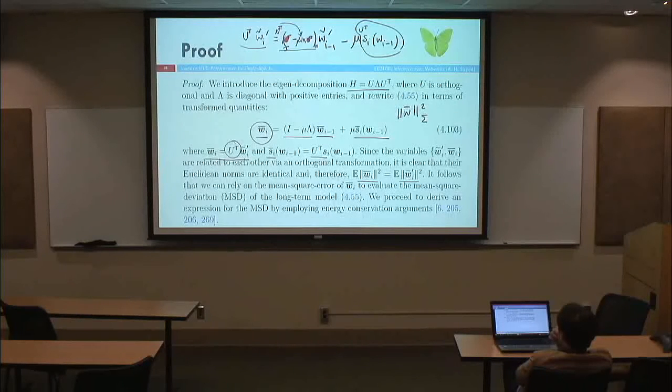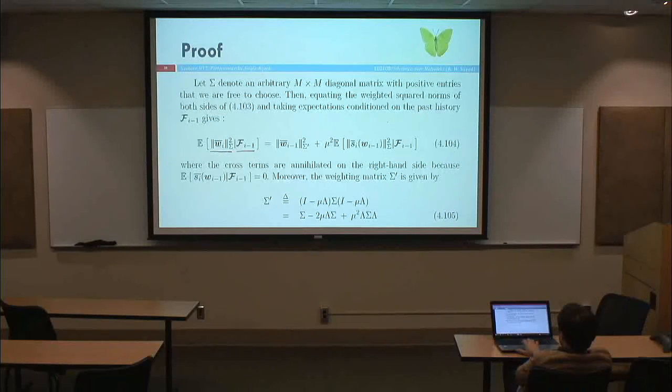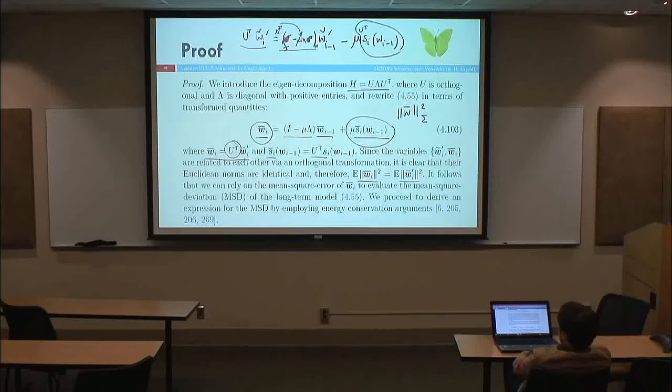Now, square this and condition on the past. Here it is. I squared it and conditioned on the past, right? With weight sigma. So the notation here, a vector squared sigma, this is A transpose sigma A, right? That's the notation.